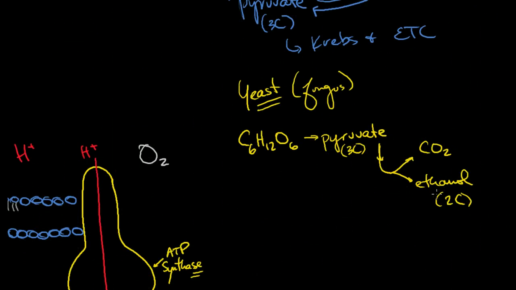And in fact, this is the ethanol that is alcohol. So if you know sources of alcohol, we think about barley, wheat, grapes for wine, potatoes for vodka, and sugar cane for rum.